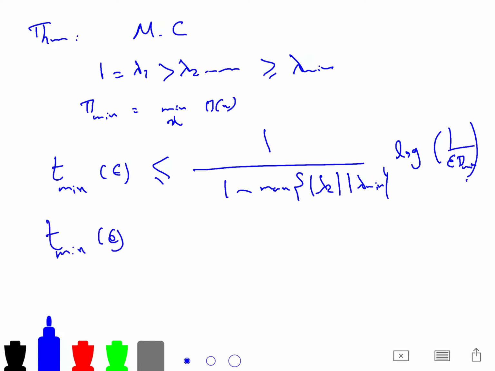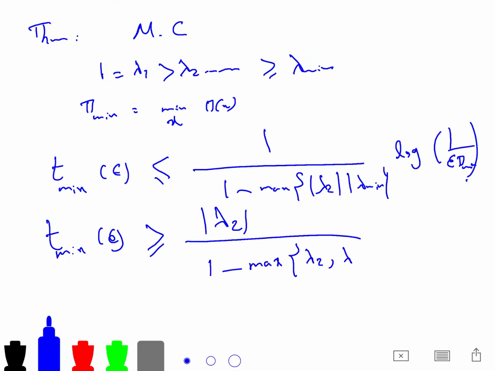And T mix of epsilon is lower bounded by lambda 2 over (1 minus the maximum of lambda 2 and lambda min) times log of 1 over 2 epsilon.